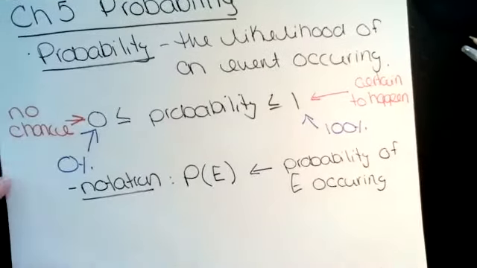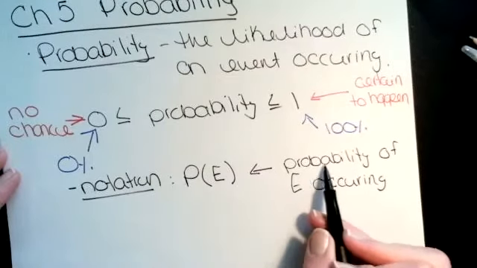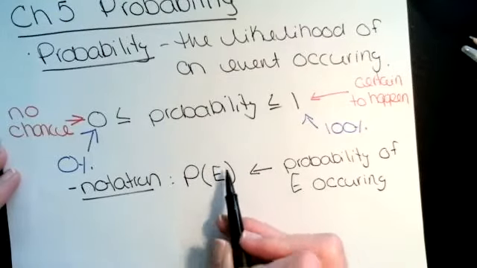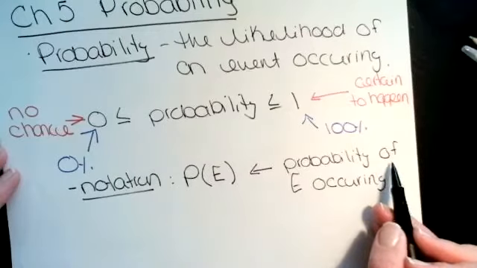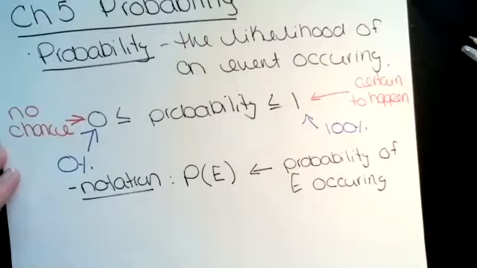So what I want you to know is the notation here: capital P is just representing probability, the parentheses is "of," and then E occurring is just E. That's my notation.